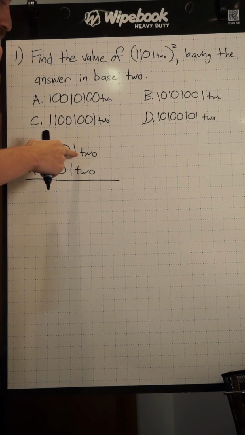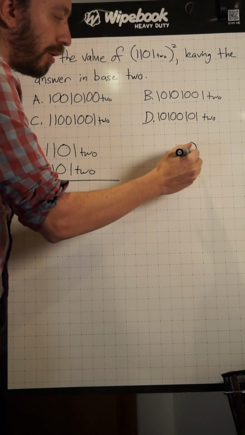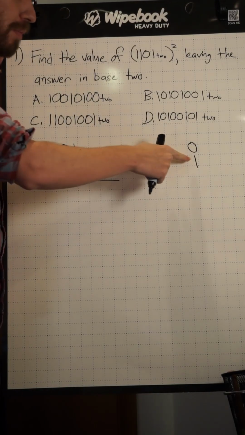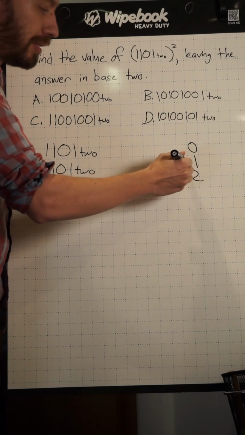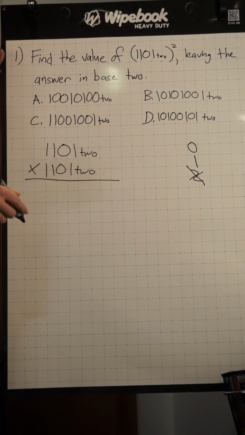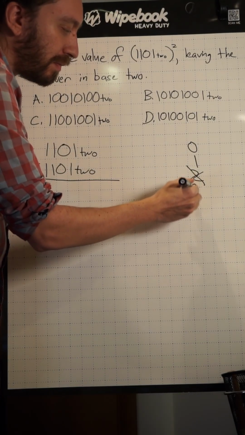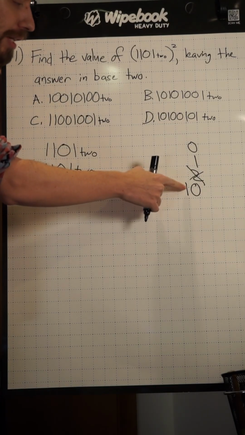Alright, now we need to remember what base 2 means, right? This means the only two digits that we can get are 0 and 1. If we want a number bigger than 1, we cannot write 2, because this digit that looks like this 2 is not in the base 2 number system. The way that we would write this number 2 is like this, it looks like a 10, because in the base 10 number system, this is how we write 10.